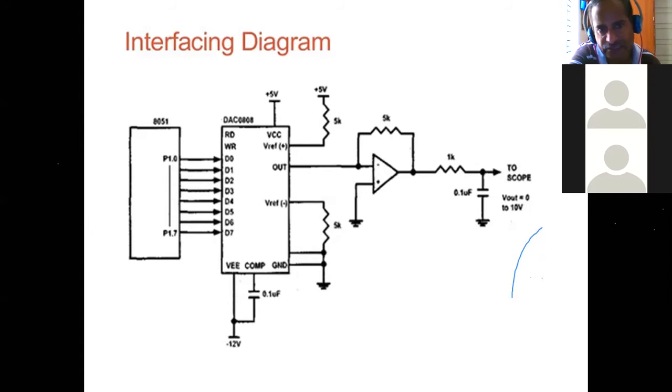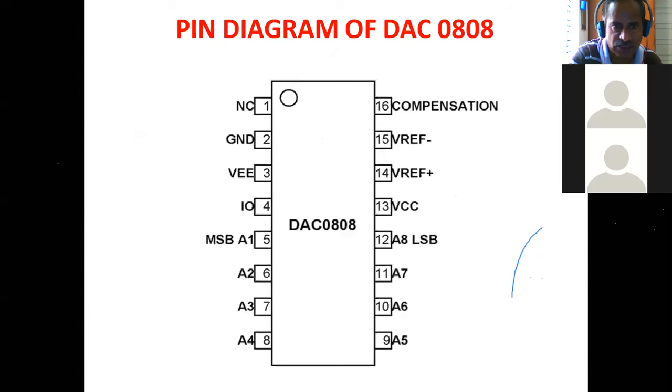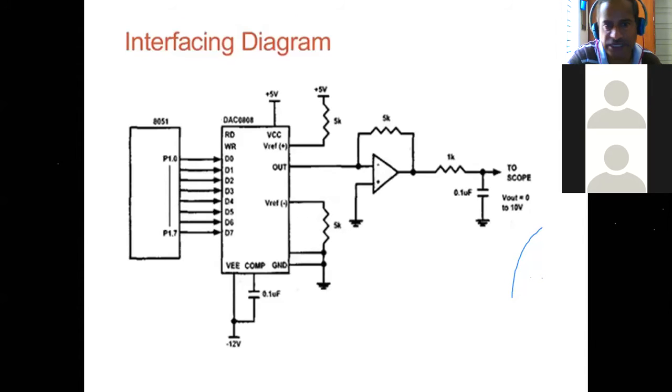As I said, output, that is pin number 4, provides proportional current, equivalent current according to the digital input. So this current should be converted into voltage.